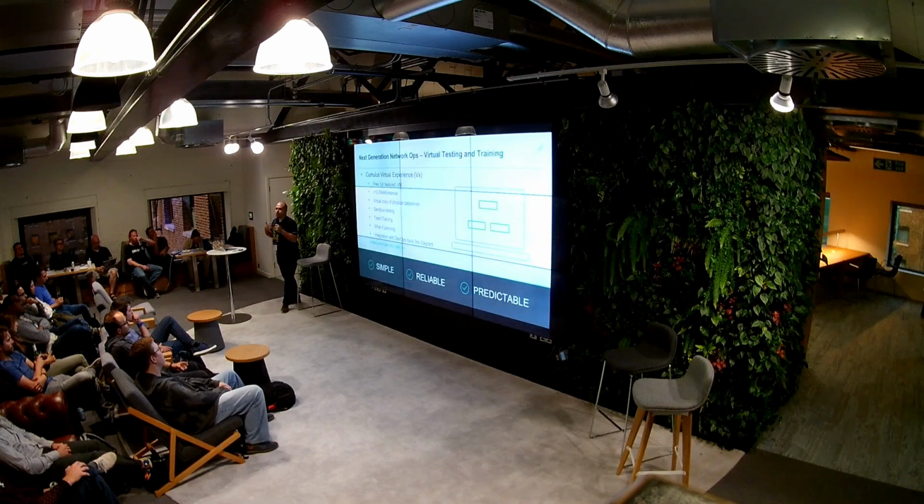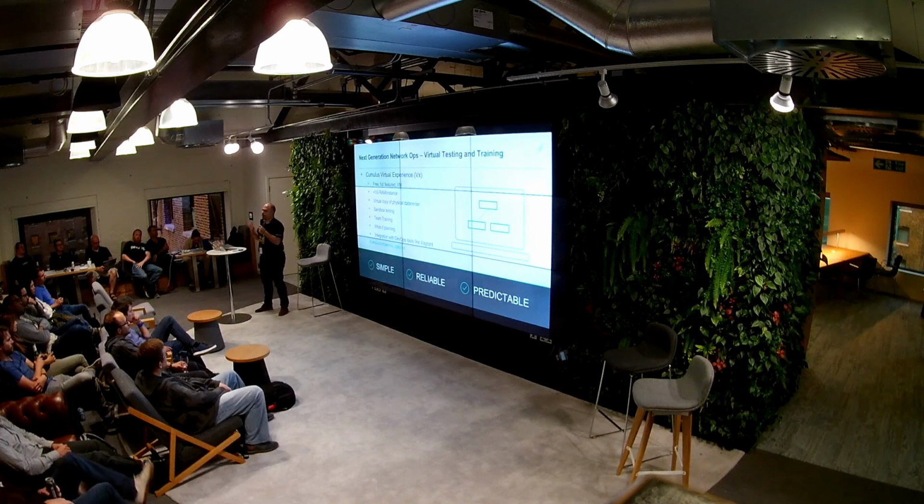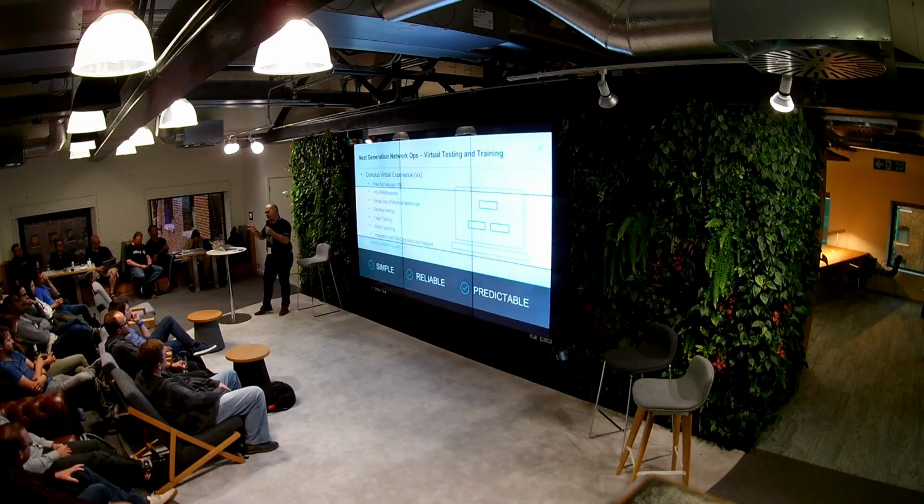Now, how am I demoing all of this? Cumulus, like other vendors, has a virtualization environment. You can download that for free. But one important thing is that we use the Linux kernel for all the basic forwarding content. So that means that regardless of hardware or virtualized, you have the same interaction with the forwarding path.